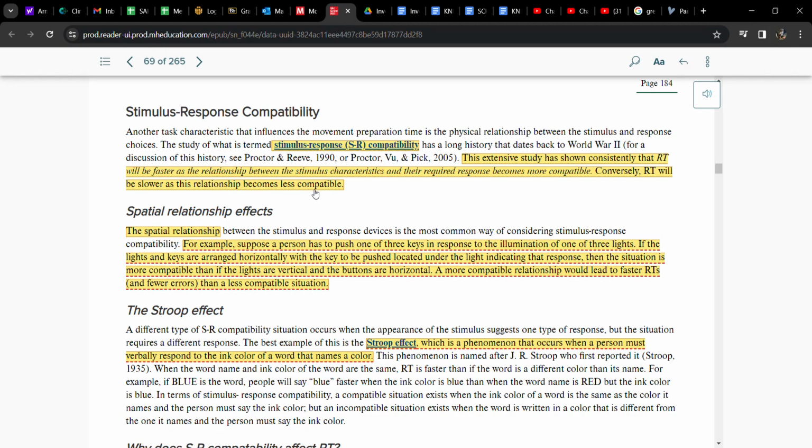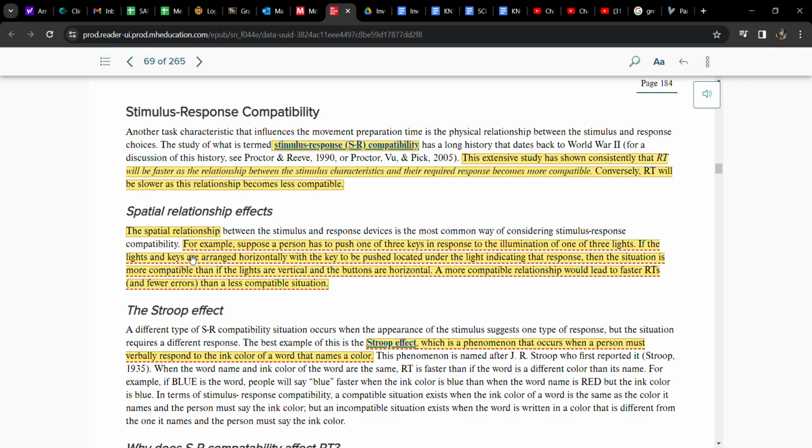So let's talk about some examples here. There's a spatial relationship effect, and an example of that would be that a person has to push one of 3 keys in response to the illumination of one of 3 lights.